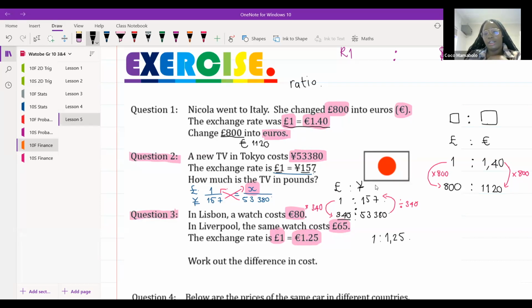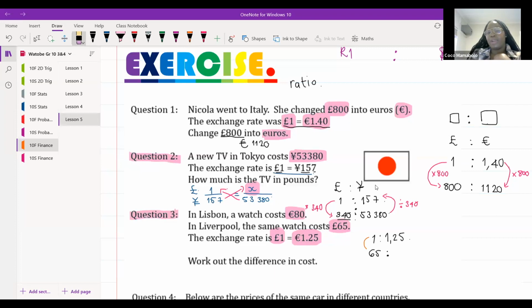Good, excellent. And then underneath we're going to put 65 over x, and then we need to get the answer. We're going to multiply with the other side, and the answer is going to be 81.25.